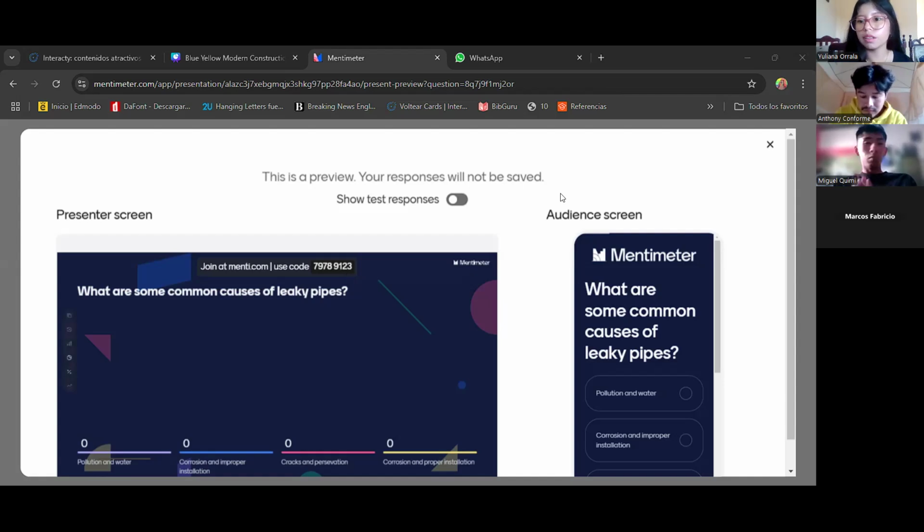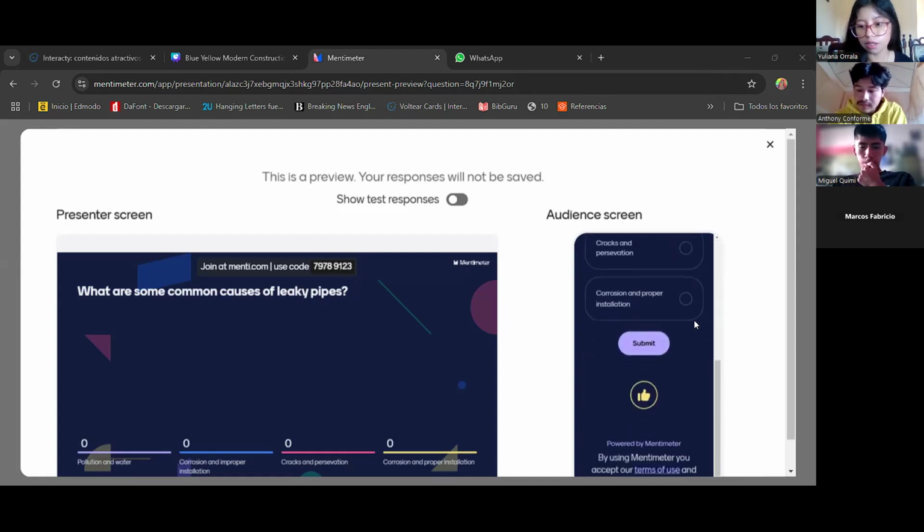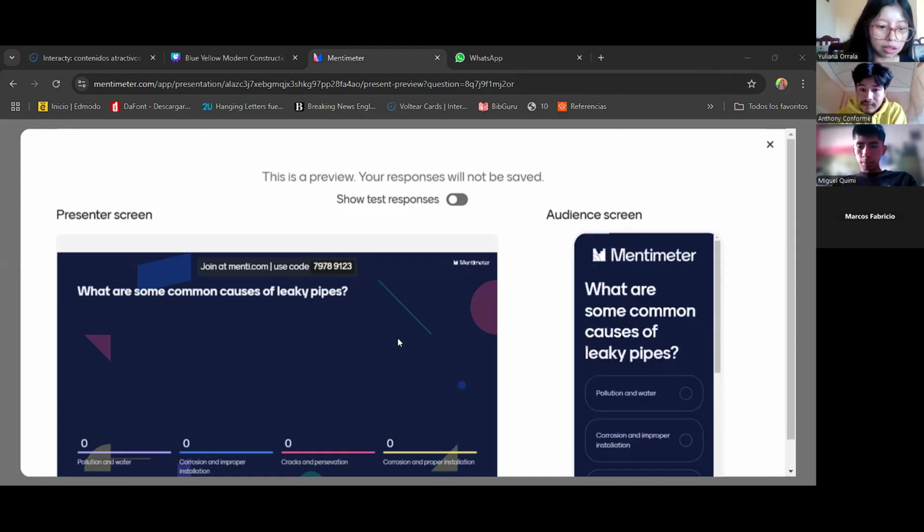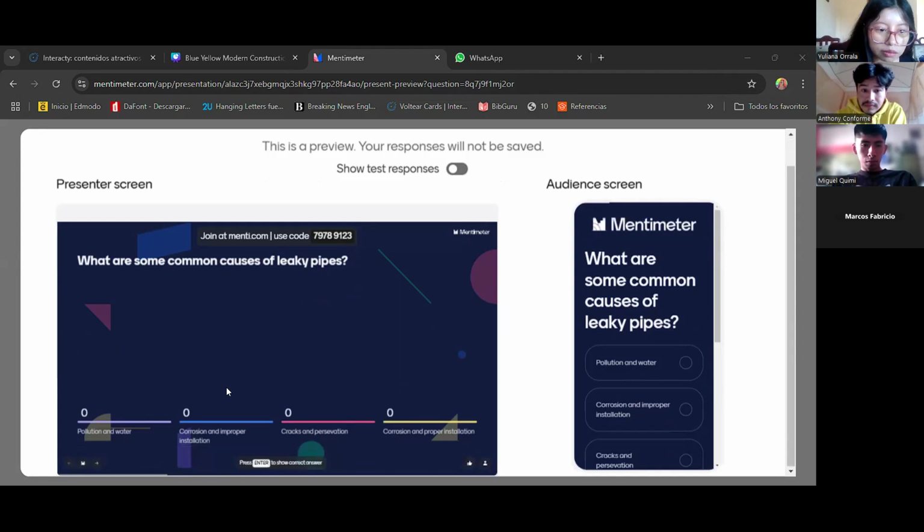Okay? Now, in this case, you can look at this. The question and the answer. What are some common causes of leaky pipes? The first, pollution in water.